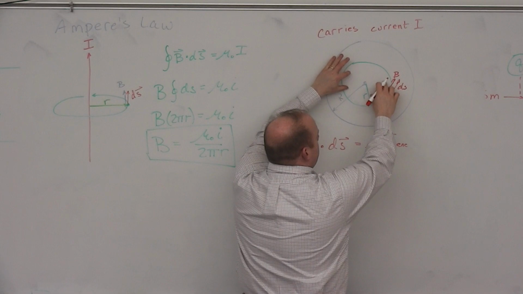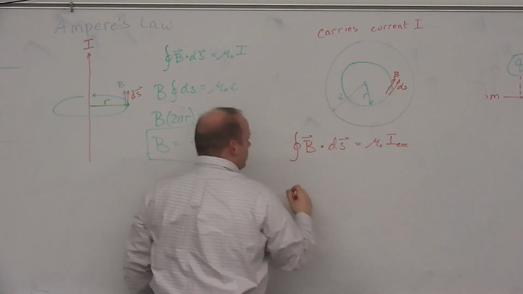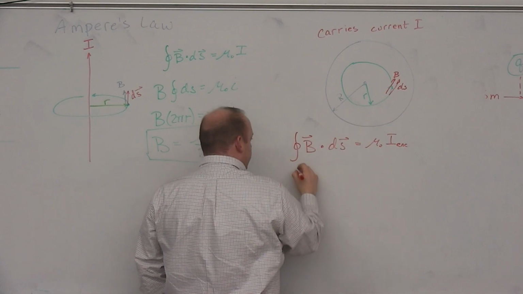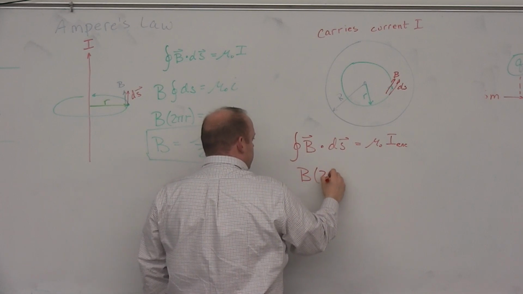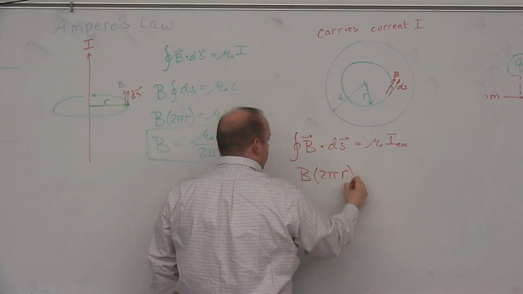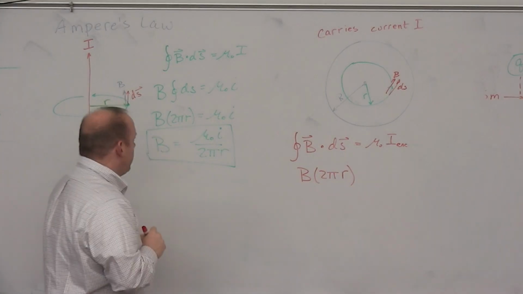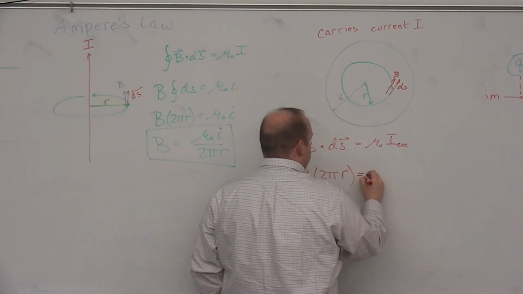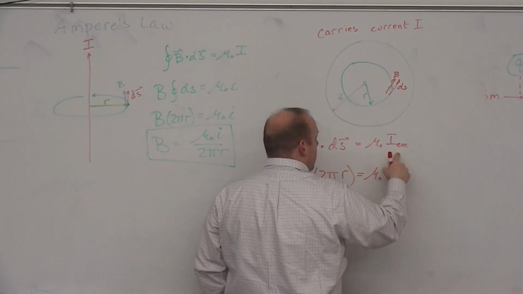So I only look at the current that's inside this surface, inside the green here. So just as before, this becomes B times 2 pi little r, equal to mu naught I enclosed.